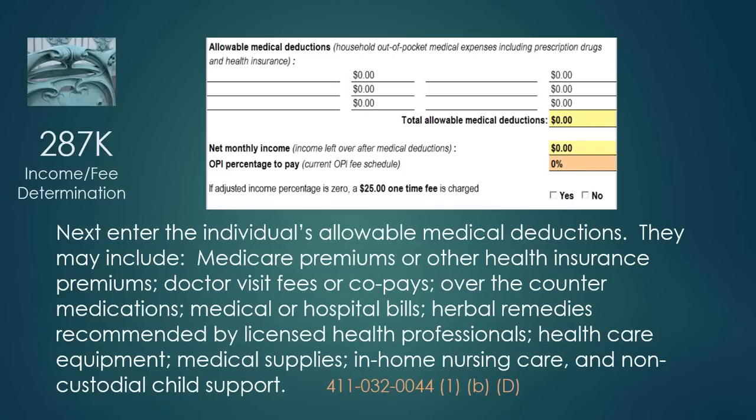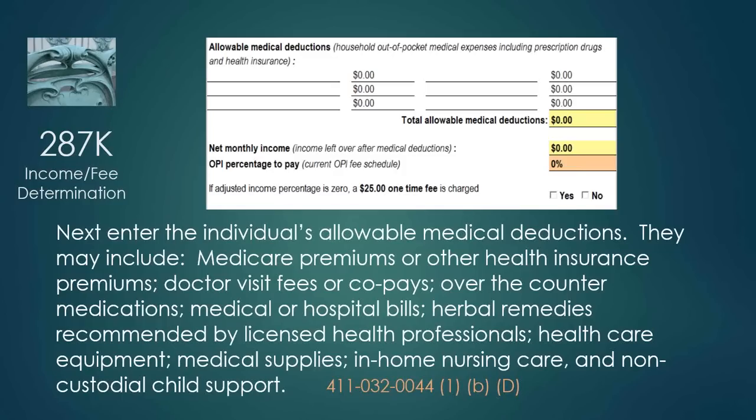Again, I have a rule number there for you, and if you read that rule, you'll find out that these are the things that we can include as allowable medical deductions, and this is just a sampling of them. We can allow Medicare premiums and other health insurance premiums, especially if somebody has a supplement, for example. Doctor visit fees or co-pays.